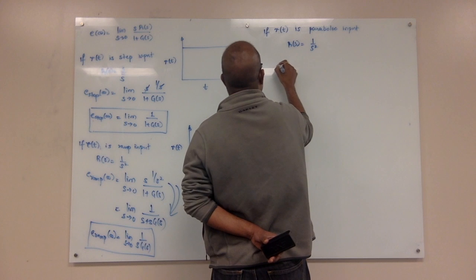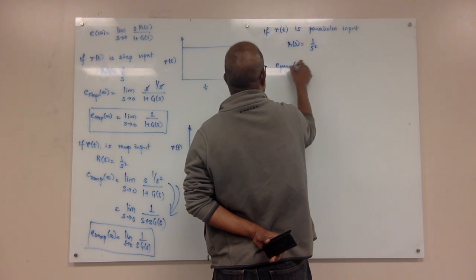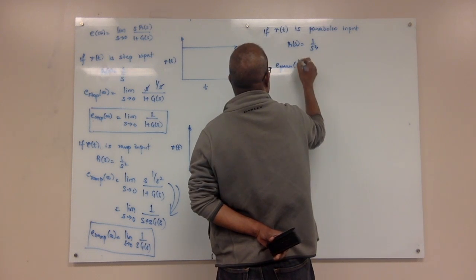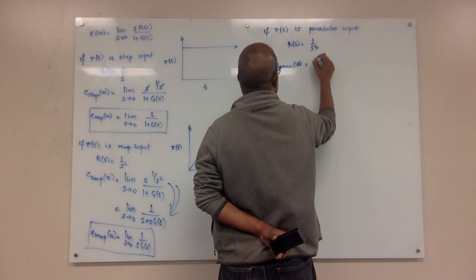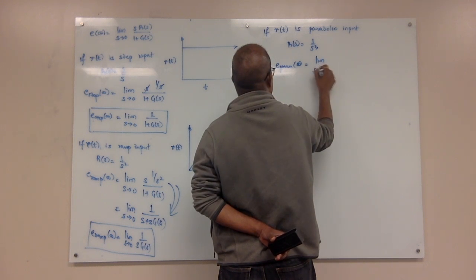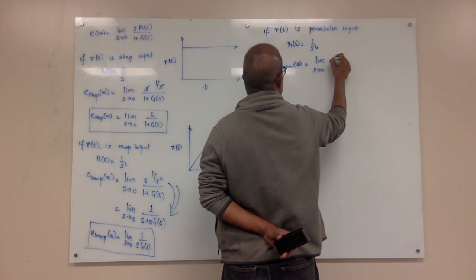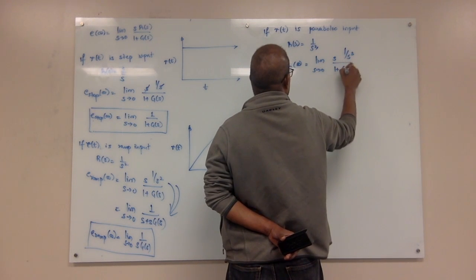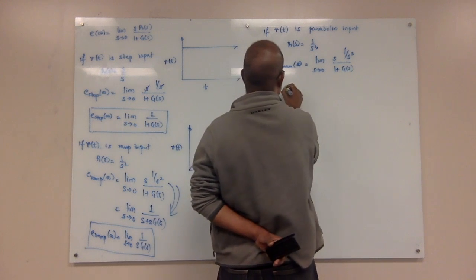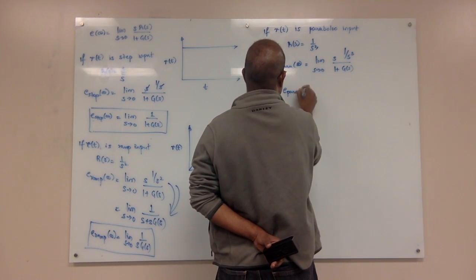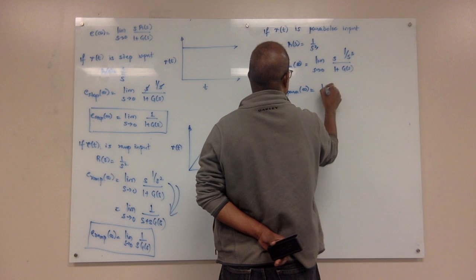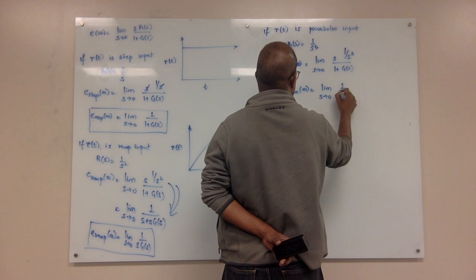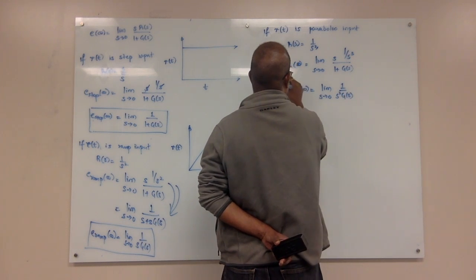So here E parabolic of infinity is equal to the limit as s tends to 0 of s times 1 over s cubed divided by 1 plus G of s. Again, this will become the limit as s tends to 0 of 1 over s squared G of s.